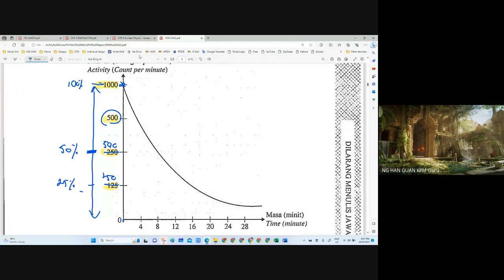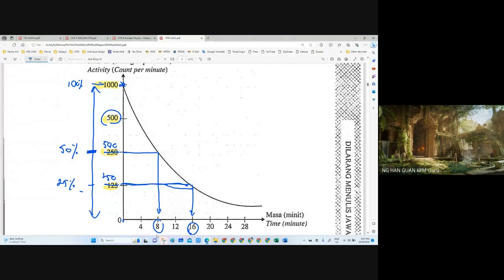So when you get the half-life here, 1000 decreases to 500, which is this half-life. According to this, you will get the time is 8 minutes here. And after that, from 500, another half-life, 500 reduced by half becomes 250. According to this, when you draw a line here, it will come to the reading 16.